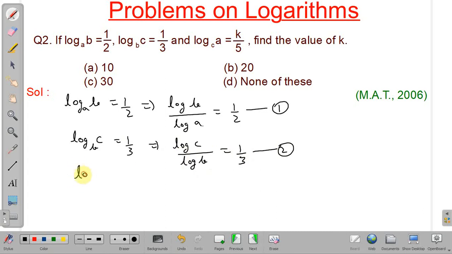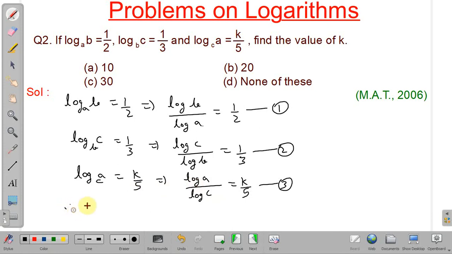And third equation we will get as log of a with base c equal to k by 5, and this can be written as log of a divided by log of c equal to k by 5. Now we have three equations. If we multiply equation 1, 2, 3, that is, we need to multiply LHS of 1, 2, 3, and the product will be equal to product of RHS of 1, 2, 3.